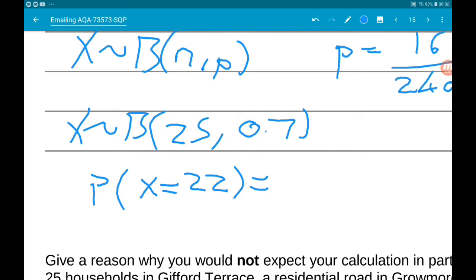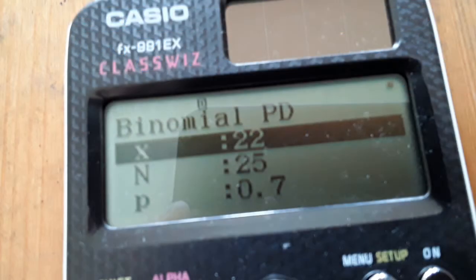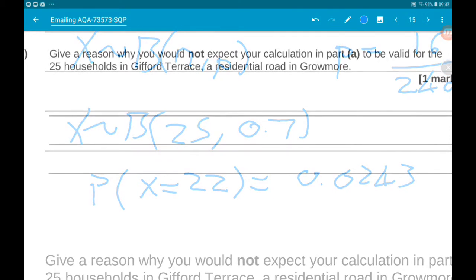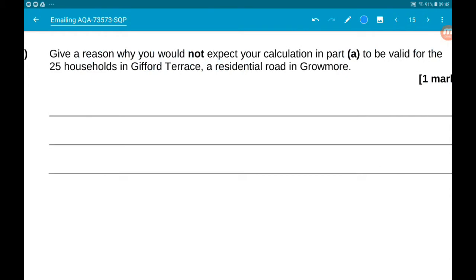Here though, we just want a single value, so we want PD. Now, on the distribution screen, you want to put these numbers in, and then press equals, and we get 0.0243.